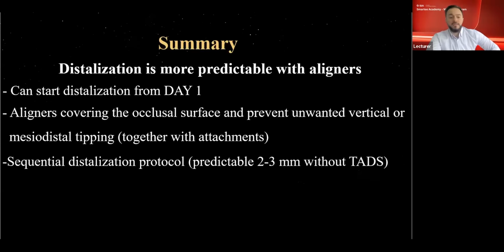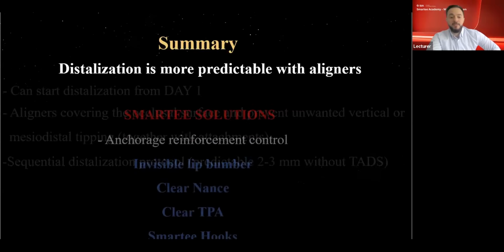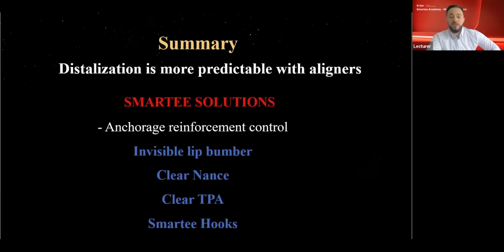When we apply a sequential distalization protocol, we can achieve 2 to 3 millimeters easily without any TADs. And what Smartee offers in this domain is that they reinforce our anchorage by applying the invisible lip bumper, clear Nance TPA, and the application of Smartee hooks.